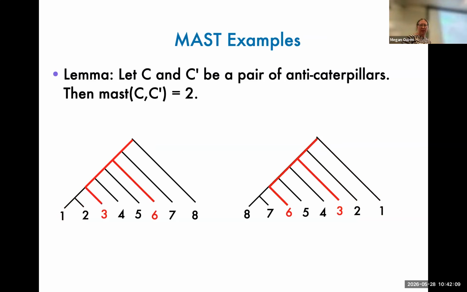Or if I do 3 and 6 and try to add 1 and 2 into 3, over here they'd be adding above the 3. Even with the 4 and the 5 in the middle, here they would have to join with the 3 edge, but over here they would have to join with the 6 edge to be added in.